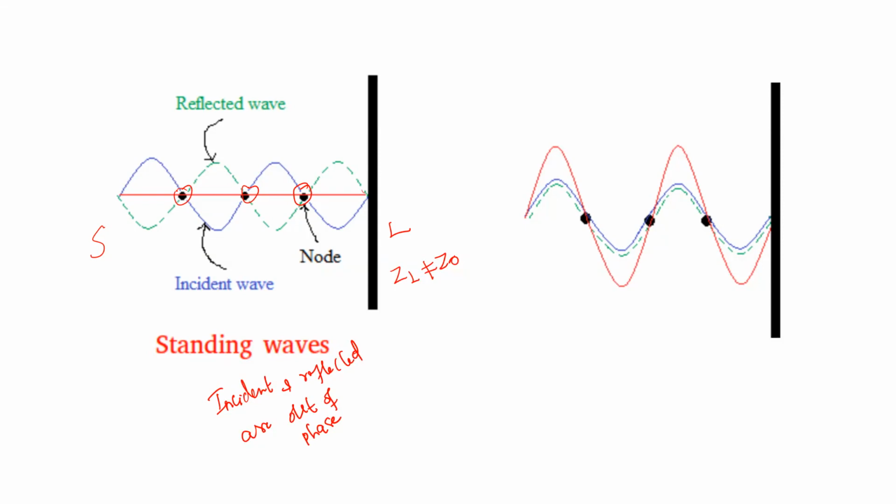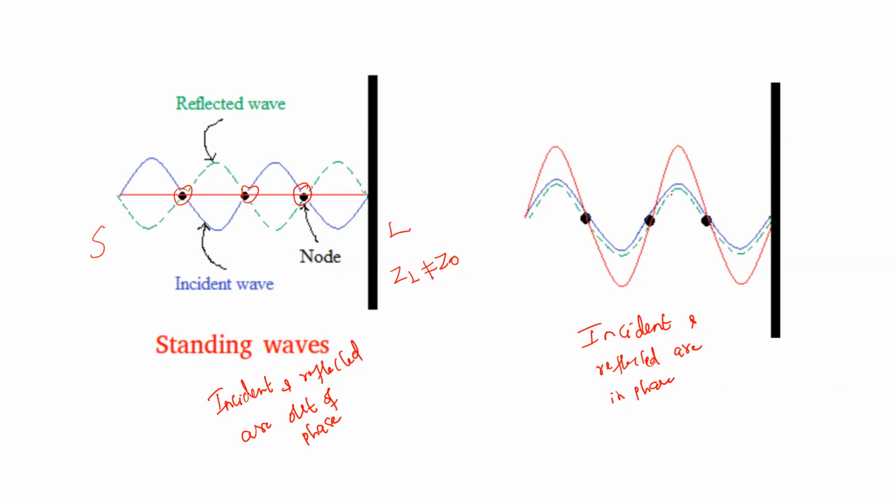But in some cases, the incident and the reflected waves will not be completely out of phase with each other. In cases where the incident and the reflected waves are in phase, this second diagram shows them in phase with each other. See here, this blue line represents the incident wave, and the green line represents the reflected wave.